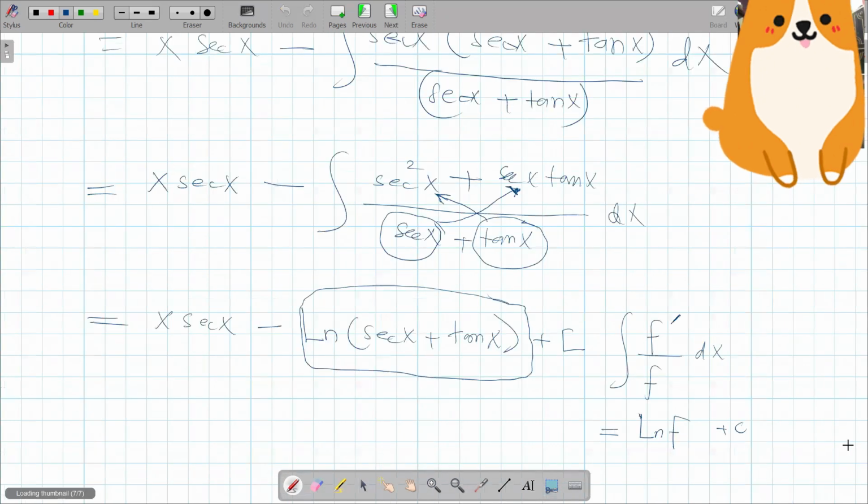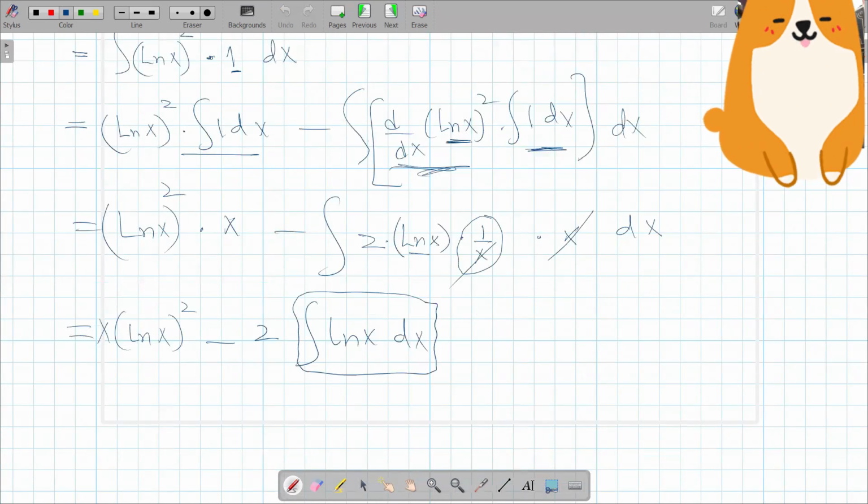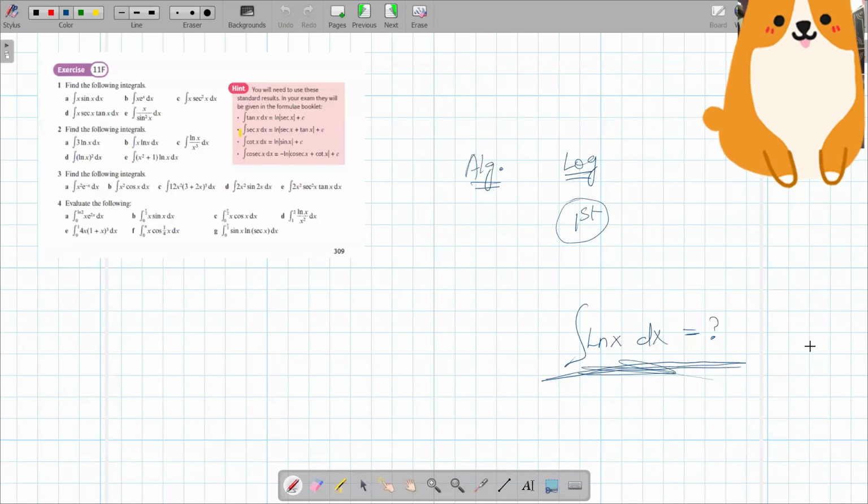Can I put it directly? Yes, surely. We already know that this is equal to x times (ln x minus 1). And done. Yeah, that makes sense.